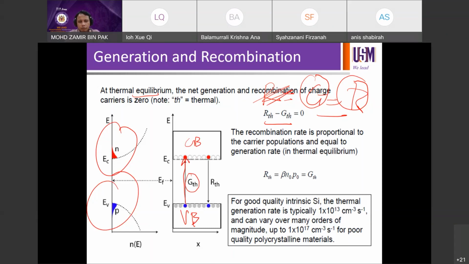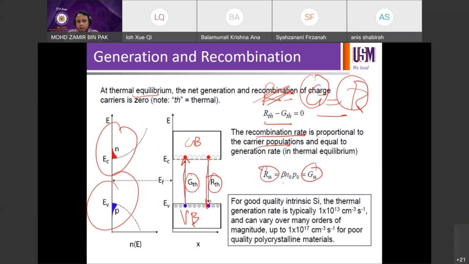On the other hand, recombination is just the inverse of this process, involving carriers dropping back to VB and recombining with holes and being annihilated, right? Recombination rate is proportional to the carrier population. So that means the more carriers you have in the system, the higher the recombination rate is. And this is equal to G.